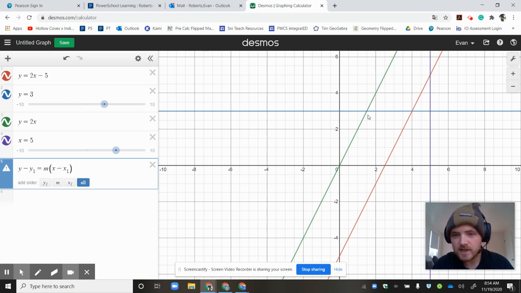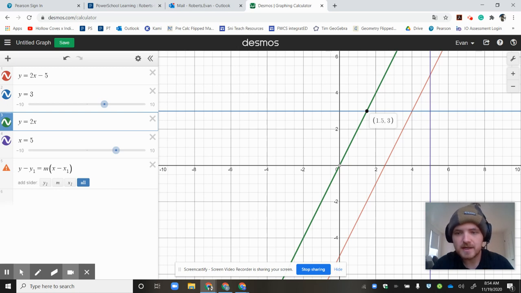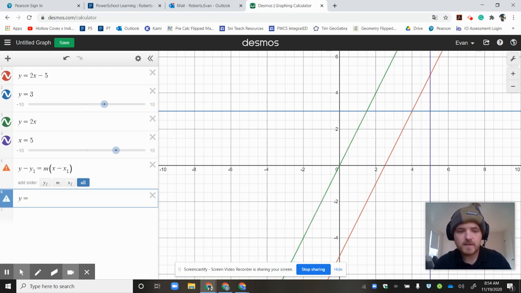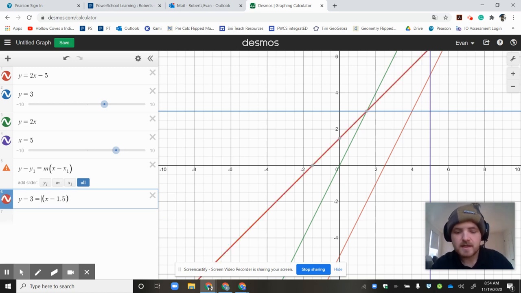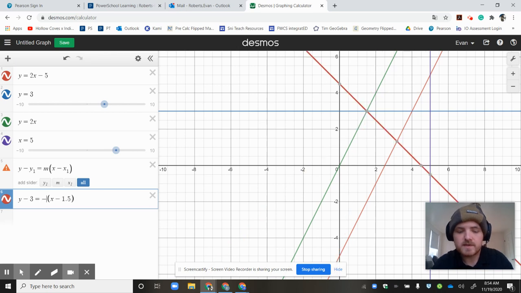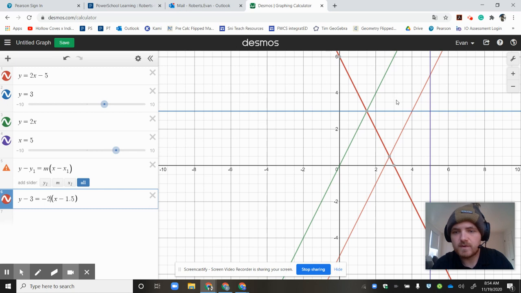Like if I wanted to go through that point, I could just put in 3 for the y value. So y minus 3 equals m times x minus 1.5. And whatever my m is, it will go through that point. So that's just another helpful tip.